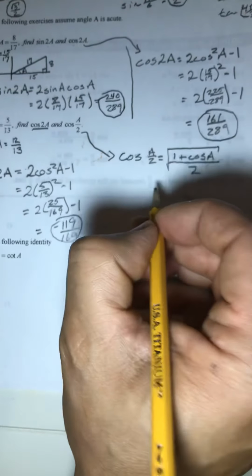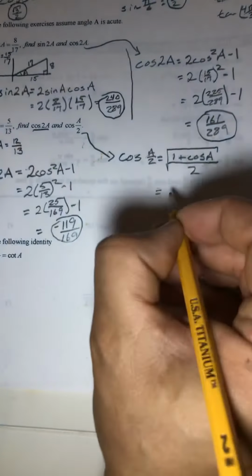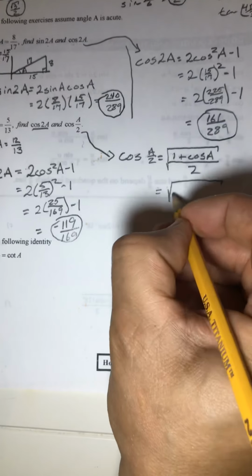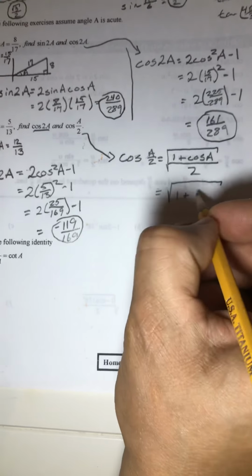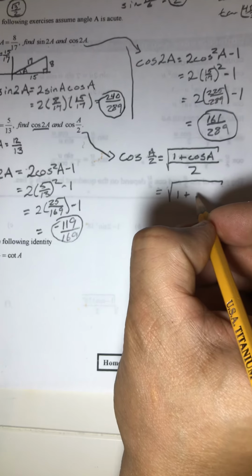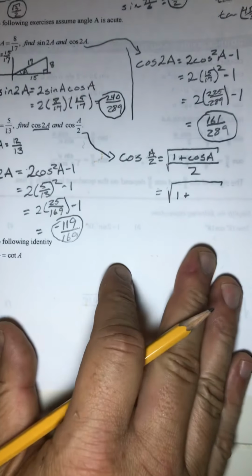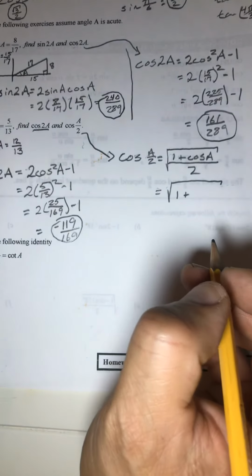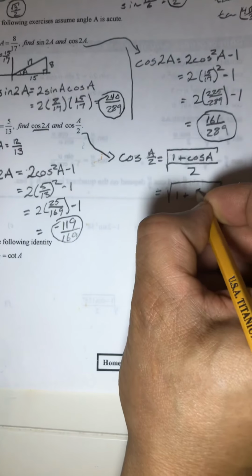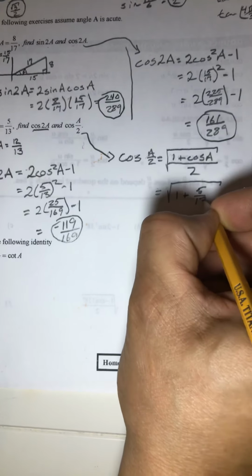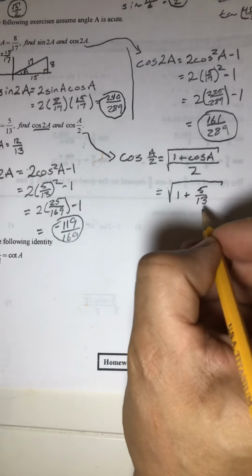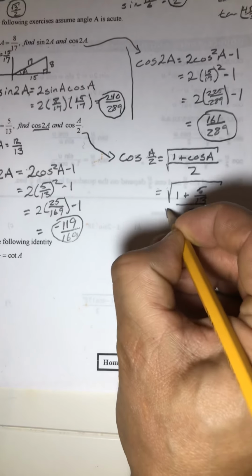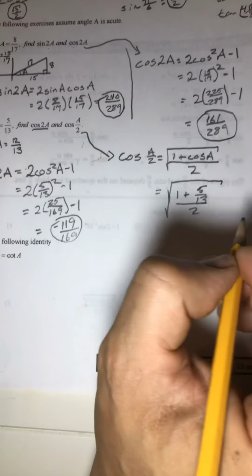Okay, so in this case, when we start plugging numbers in, I have 1 plus the cosine of A, which, no, we didn't figure it out, they gave it to us, 5 over 13. And we are dividing that by 2. This is a giant square root symbol, sorry.